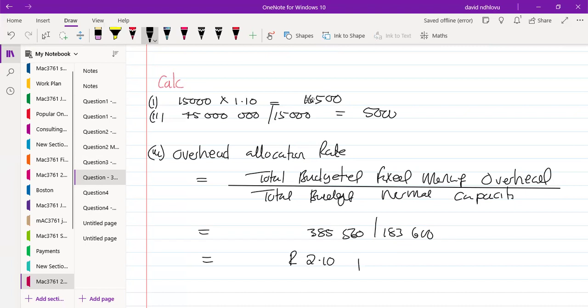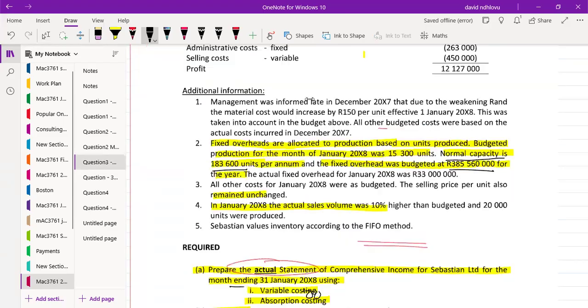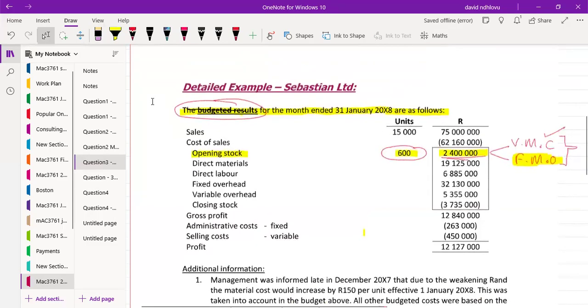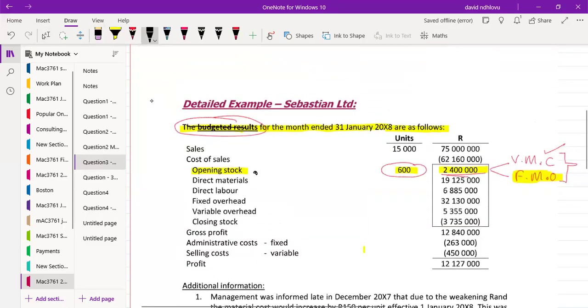So this is per unit. So we are saying included in our opening inventory, included in our opening inventory here, will be the fixed manufacturing overhead costs. Now remember, there are 600 units all in all.